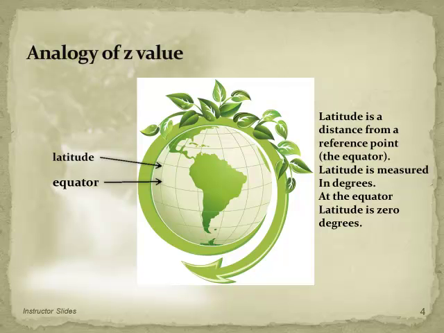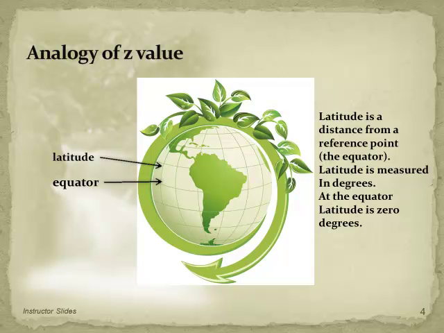So at the equator itself, the latitude is 0 degrees. It's sitting right on the equator. So as I move off of the equator, either going north or south, then the latitude will increase in degrees. But again, it is always a measurement with respect to a reference point, and the reference point is the equator.